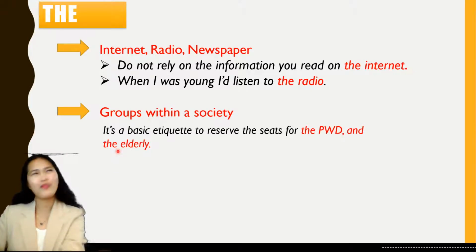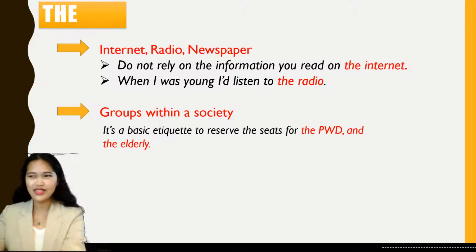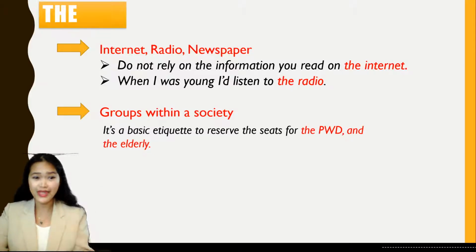When I was younger, I thought PWD meant something else because I had seen a sign of a man or a person with a cane, or a pregnant woman, or someone in a wheelchair.